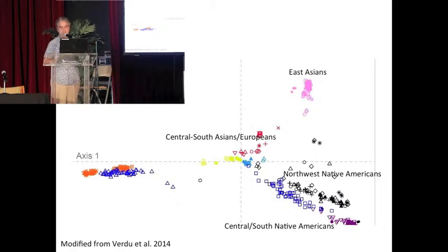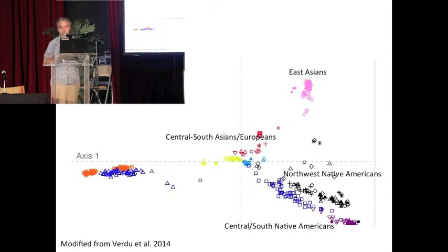And so what we see in this plot is that Northwest Native Americans have a vector or a span where some of these individuals are closer to Europeans. And this is likely a result of European contact and European admixture, or intermarrying after contact.